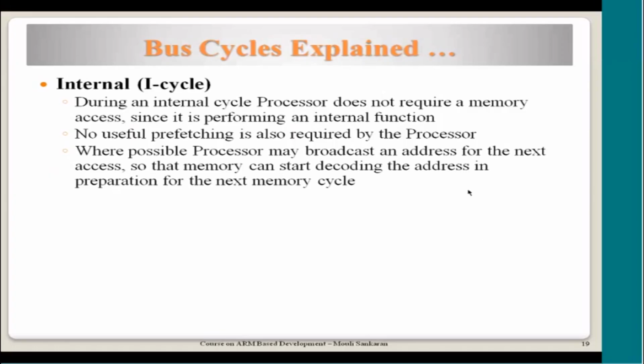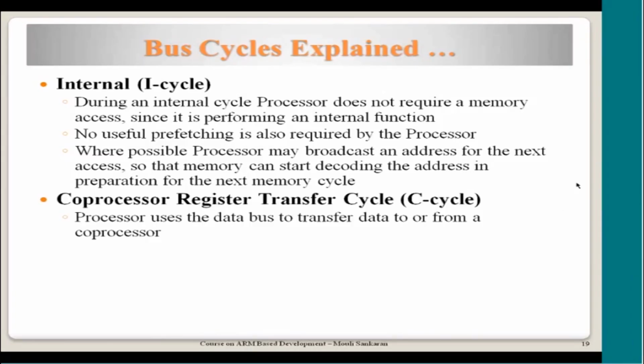Maybe the next memory cycle could be a non-sequential access or a sequential cycle, but anyway, when the new cycle starts, the address will also be coming, but the memory has got the address ahead of the cycle, so it can do the decoding and then be ready with the data ahead of time. So that's a provision provided by this particular support.